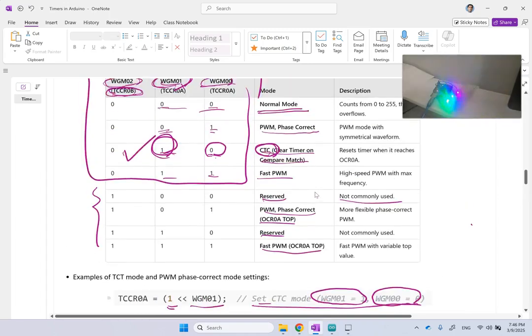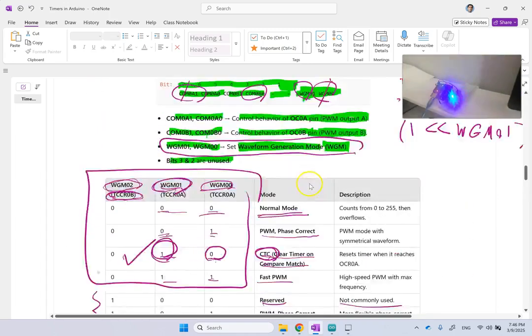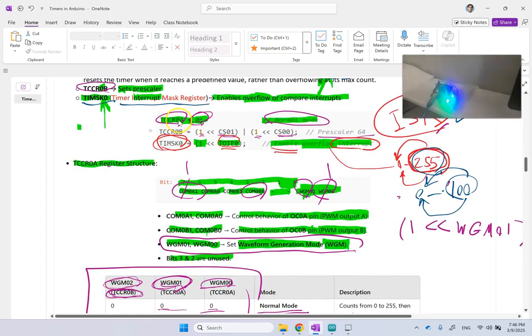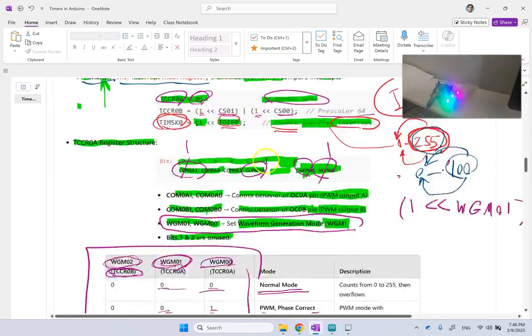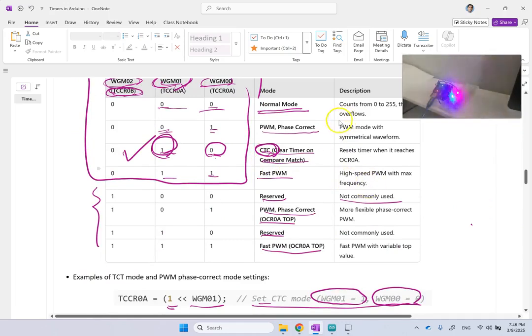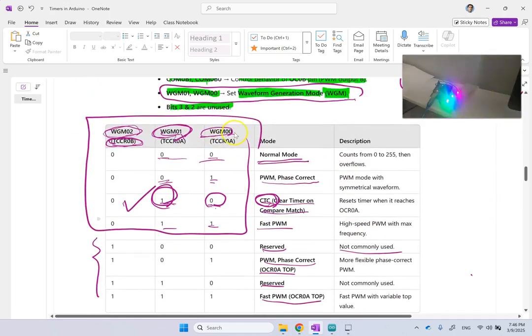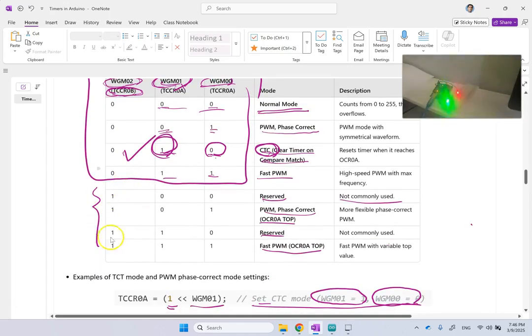Remember I said that when I was talking about the TCCR0, I said that the first 2 bits of that determine the modes of operation. So you see this WGM00 and 01, but there is another one called WGM02, and that, when that one comes in, determines this extra other 4 modes of operation for timer 0.